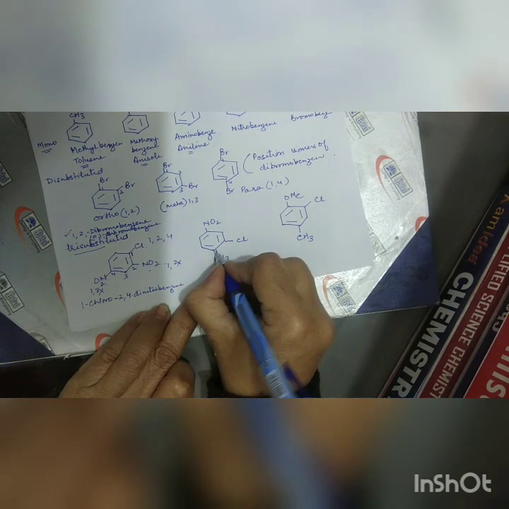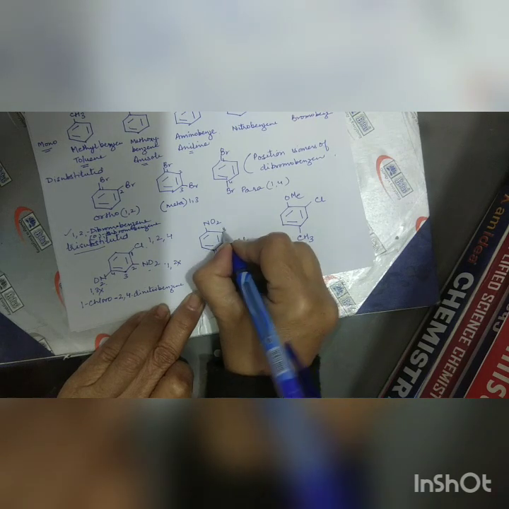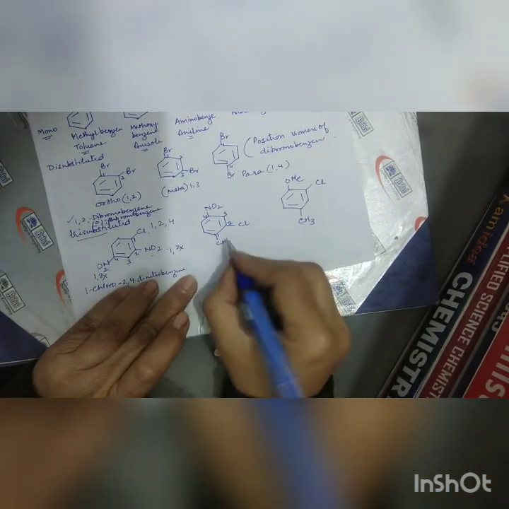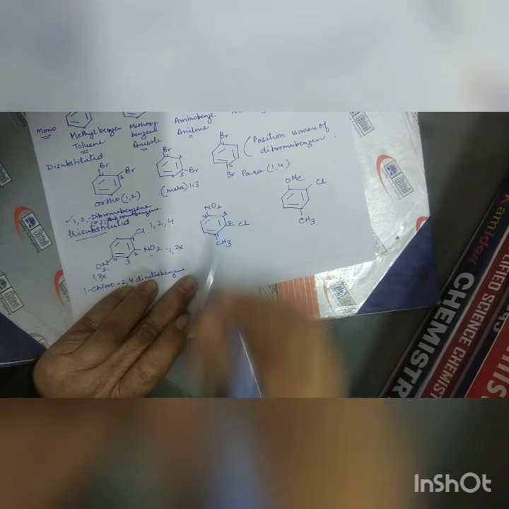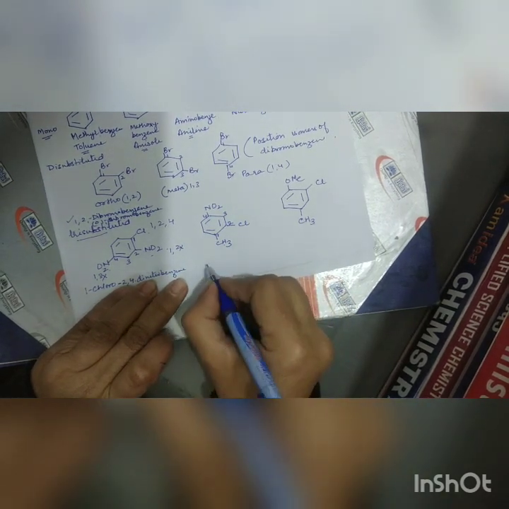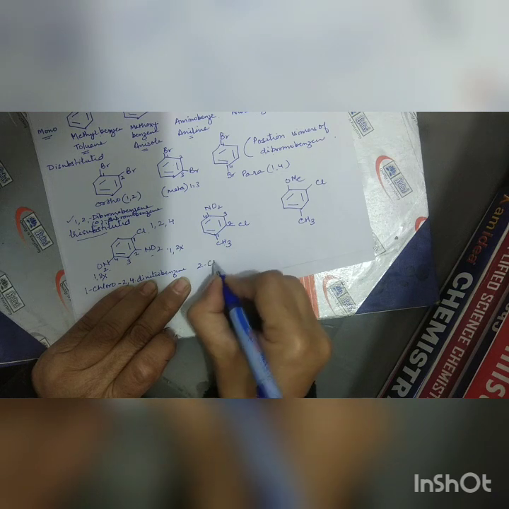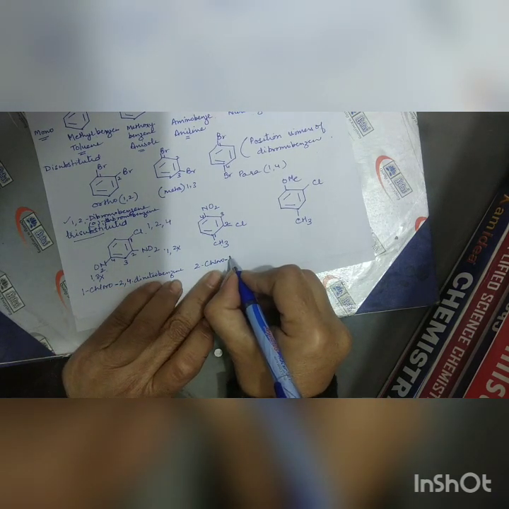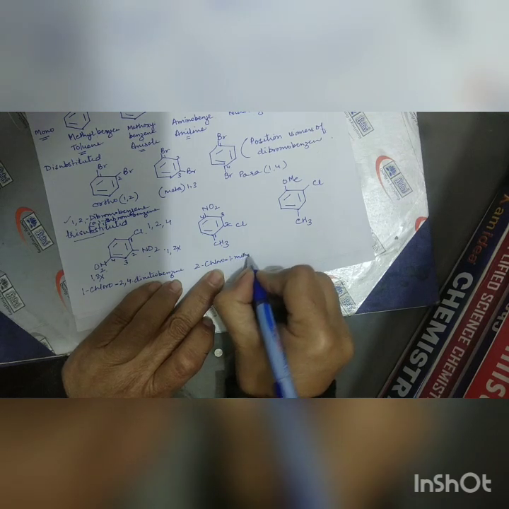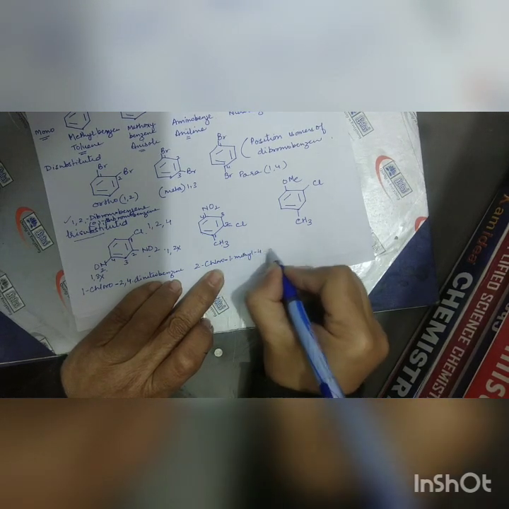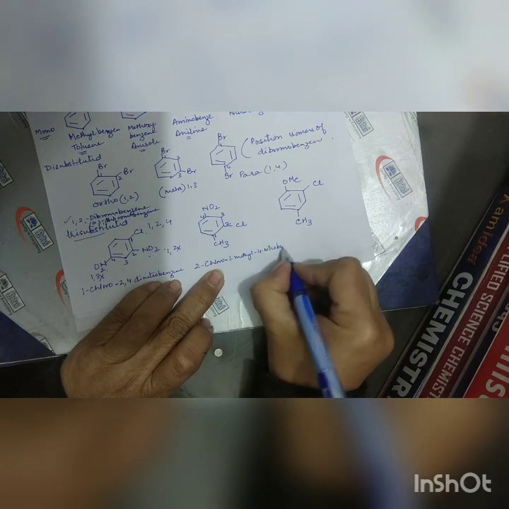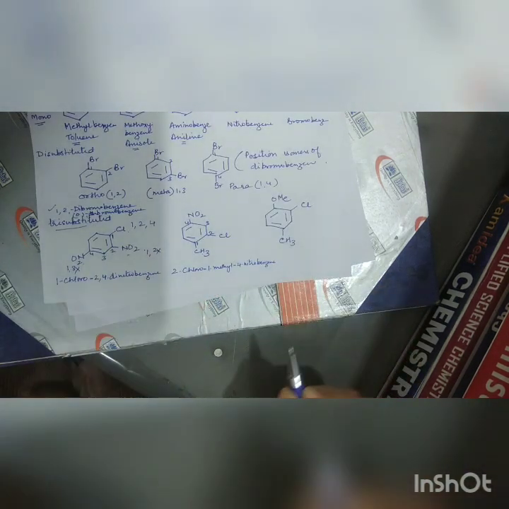Now my 1, 2, 3, 4. Correct? So now naming: this is methyl, this is chloro, this is nitro. Alphabetic order: 2-chloro-1-methyl-4-nitrobenzene. Correct?